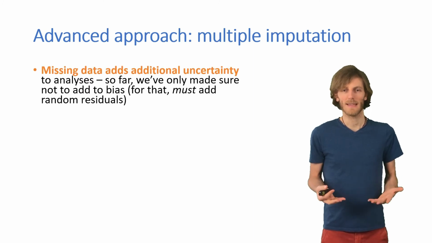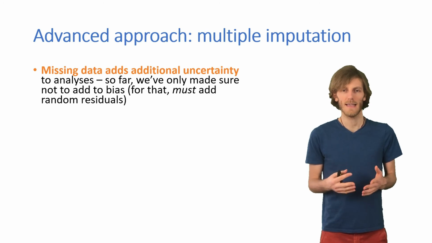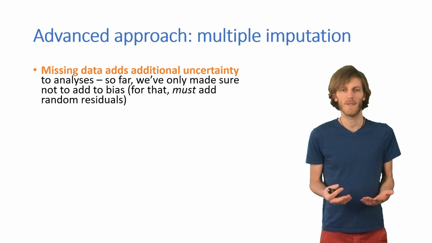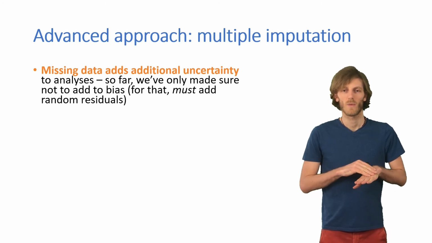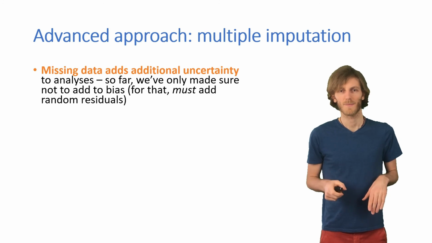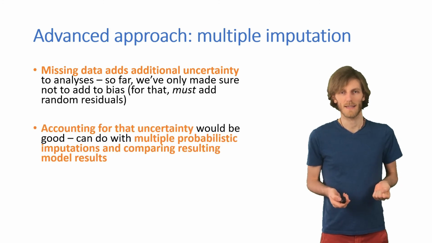Because having missing data adds uncertainty to our data. And what we have done so far is just to find a way to not exacerbate that. So if we just delete cases, we make the problem bigger. If we impute them, we try to keep it stable. However, we might want to account explicitly for that uncertainty.